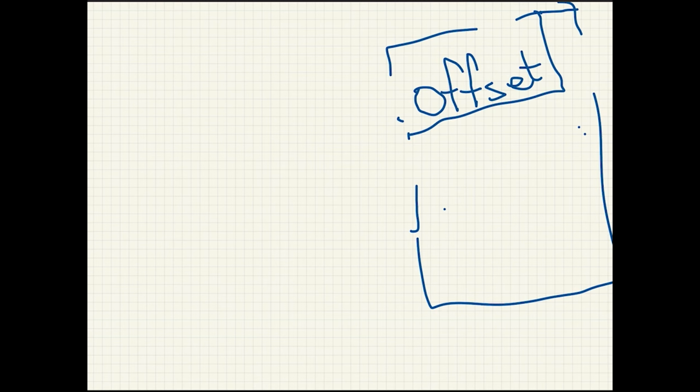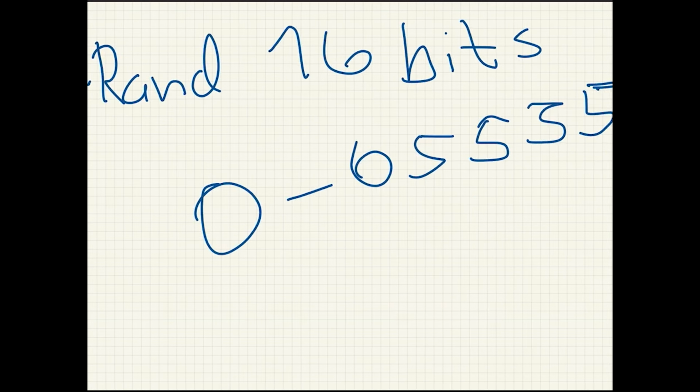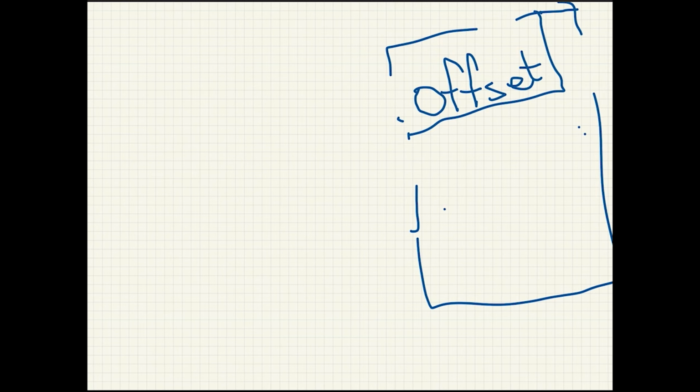First of all, this is a cryptographically secure random value, which means it can be anything between 0 and 65,535, which makes it 100% impossible to do anything with, because you cannot turn it into something else, you cannot reverse engineer it in any way.